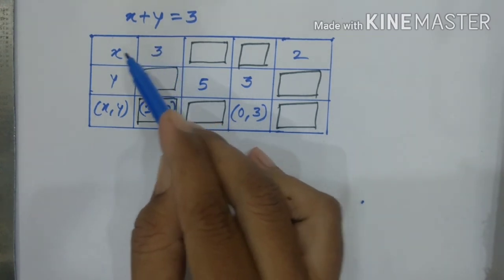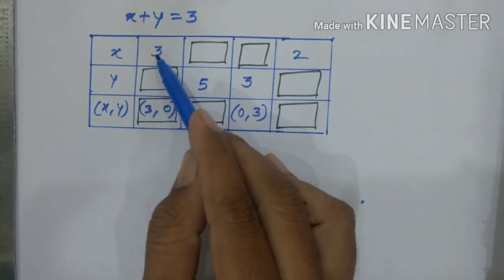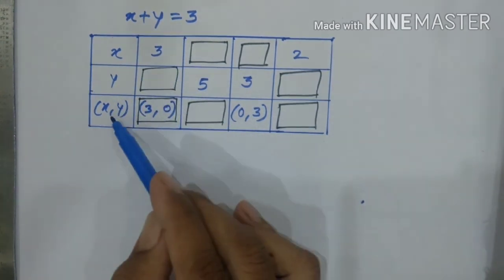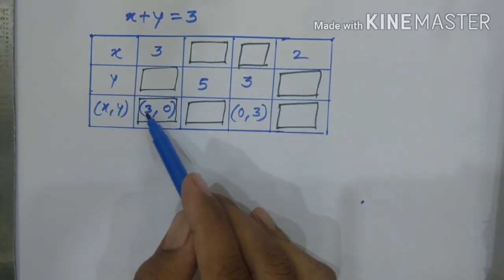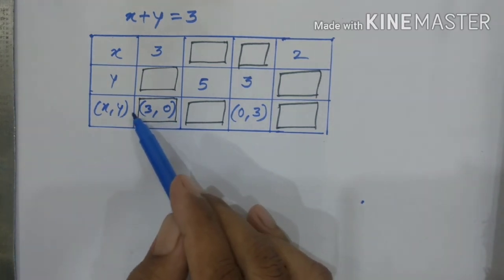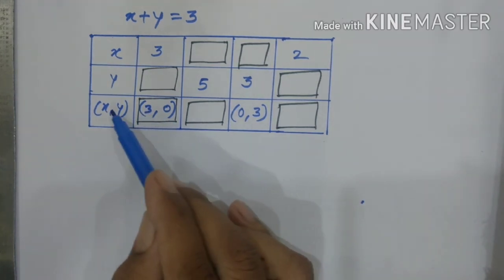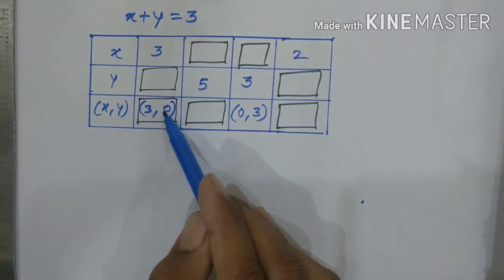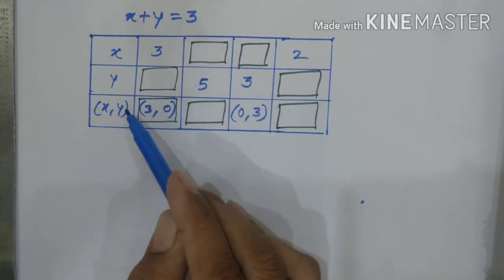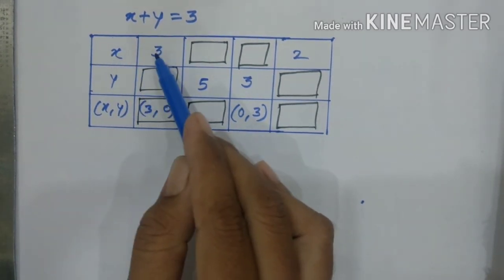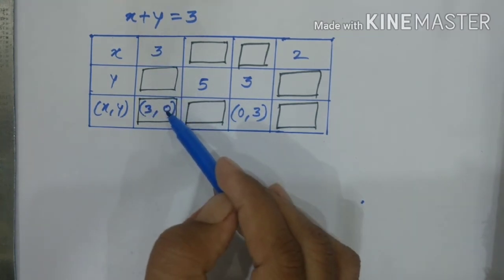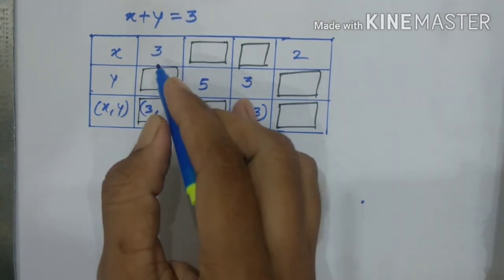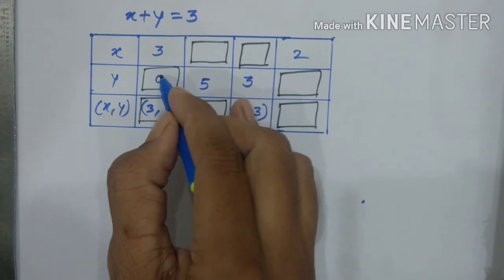In second column, value of x is given as 3 and solution is given 3 and 0. So it becomes much easy for us because first value denotes the value of x and second value denotes the value of y. So here value of x is 3. Therefore the second value will be value of y. So put here value of y.